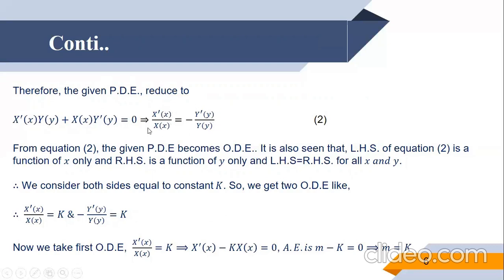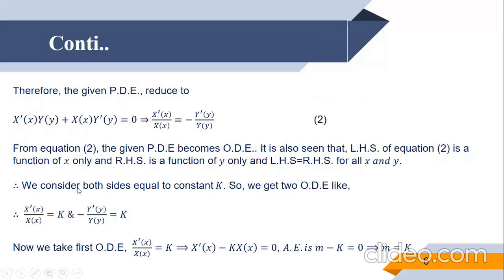It is also seen that the left hand side of equation 2 depends only on x, and the right hand side depends only on y. And left hand side is equal to right hand side for all values of x and y.